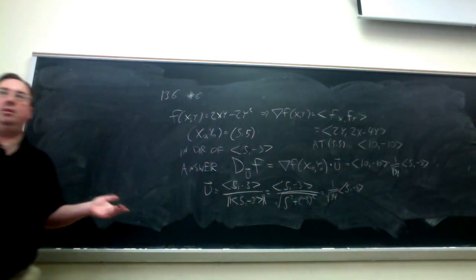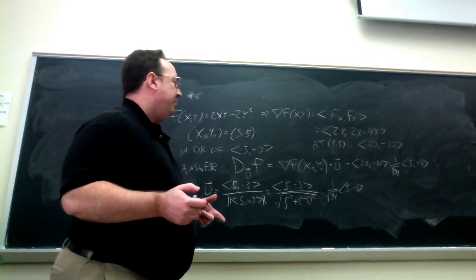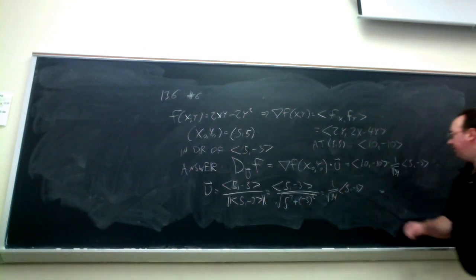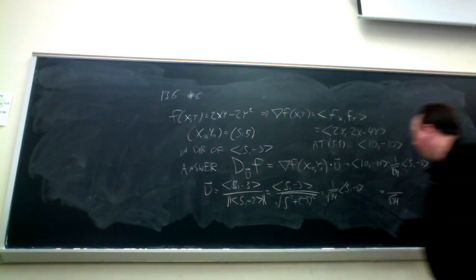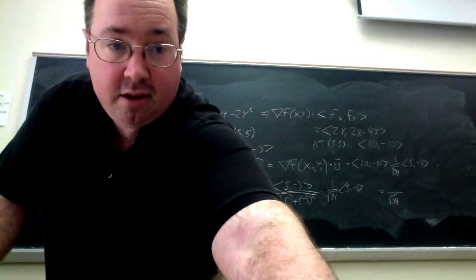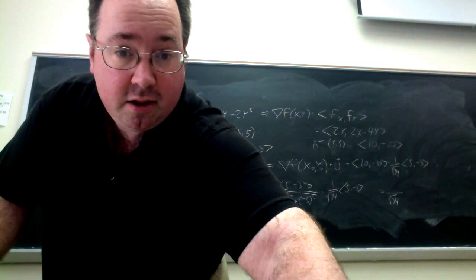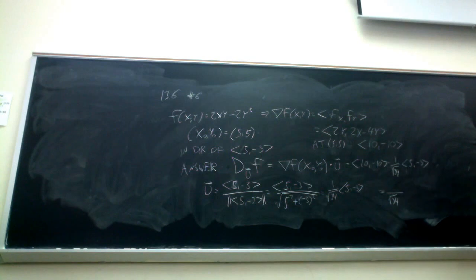We should all know by now what a dot product is: you multiply corresponding components and add them up. Because we're going to have the square root of 34 down below, what will we get? 5 times 10 is 50. But we also need to take the y components into account.